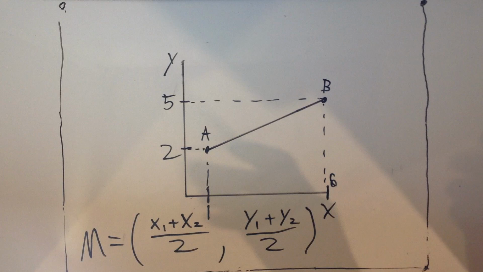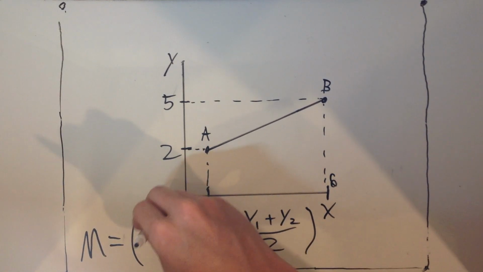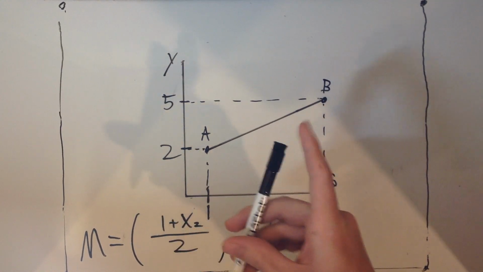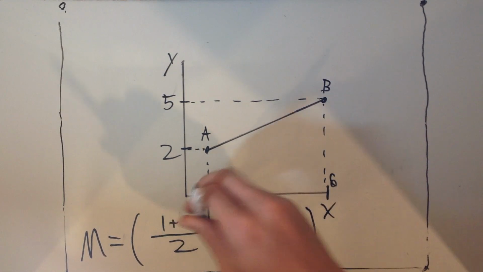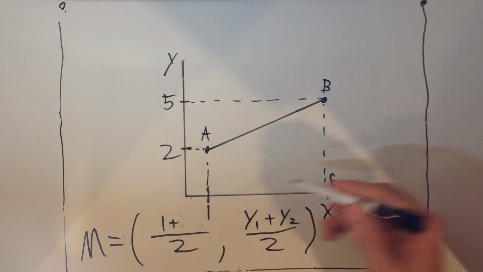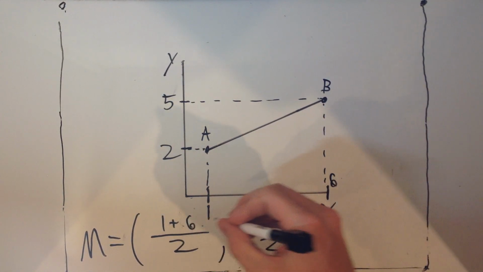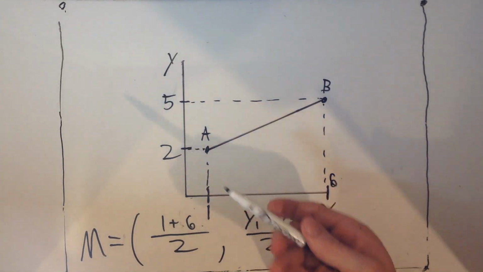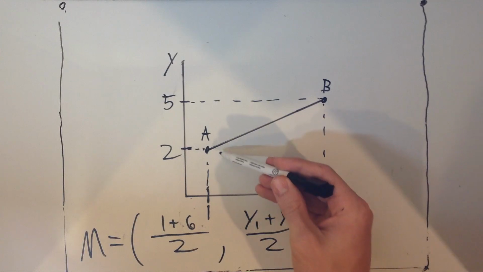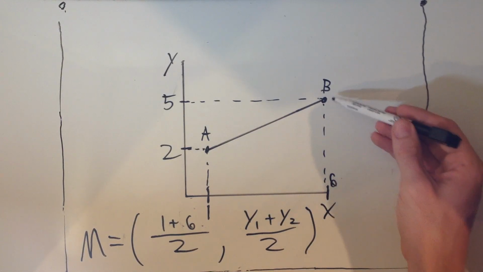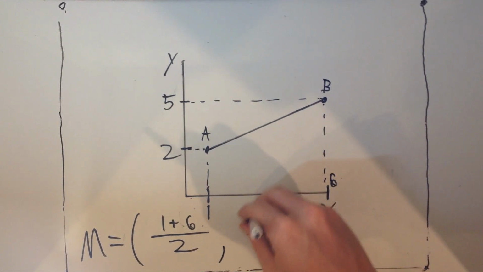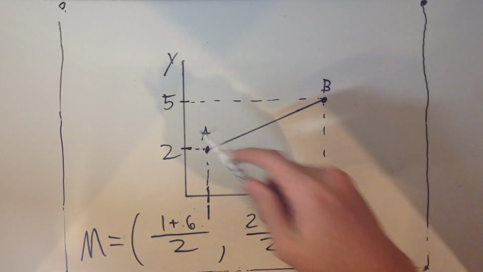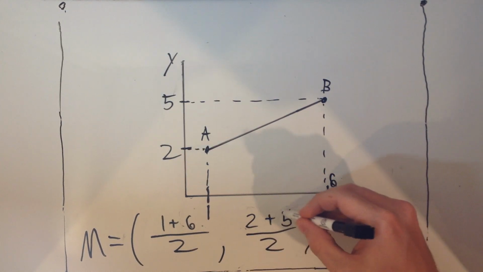And so now what we're going to do, erase x1, find the x1 value. It's 1 right here, let's plug that in. Erase our x2 value. Our x2 value is 6. Plug the 6 in. Now we got our y1 value, which is 2. So as you can see, 1's been corresponding with A, 2 has been corresponding with B. So we got our y1, plug in our 2, our y2, plug in our 5.